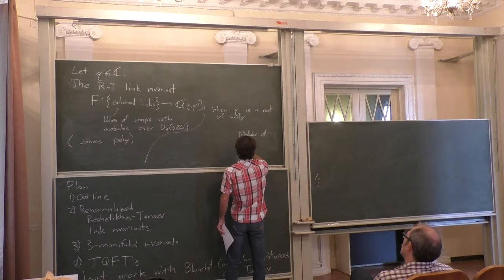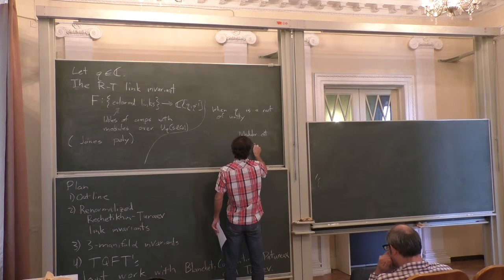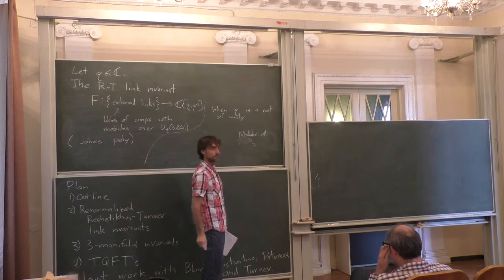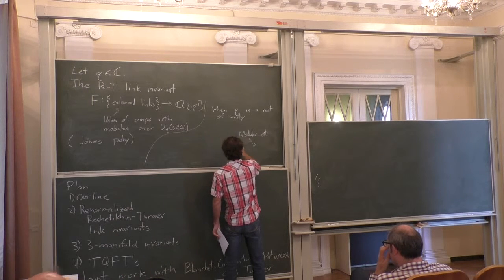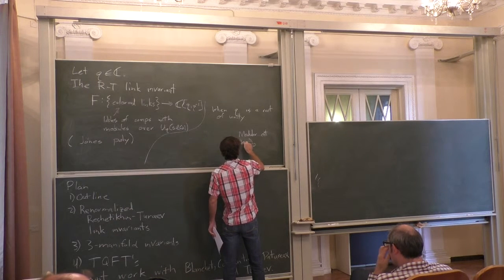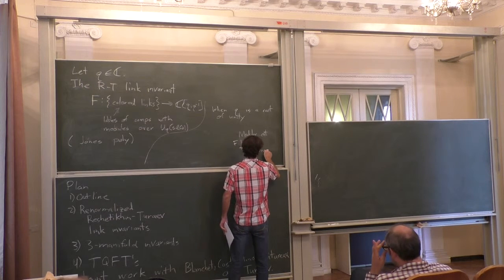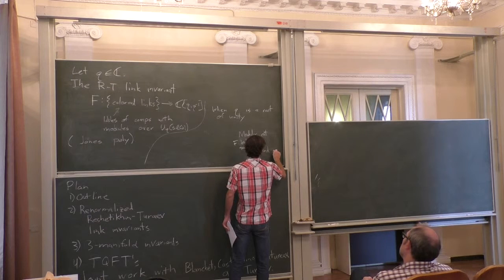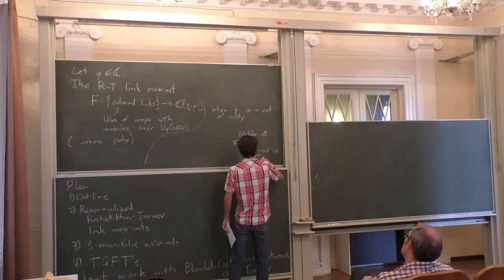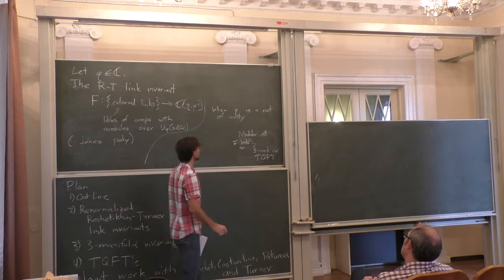And these modular categories give rise to three manifold invariants, so that F leads to three manifold invariants, and TQFTs, as was talked about in the last talk.